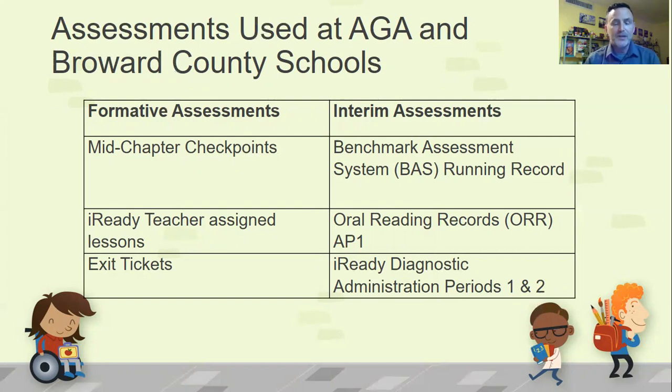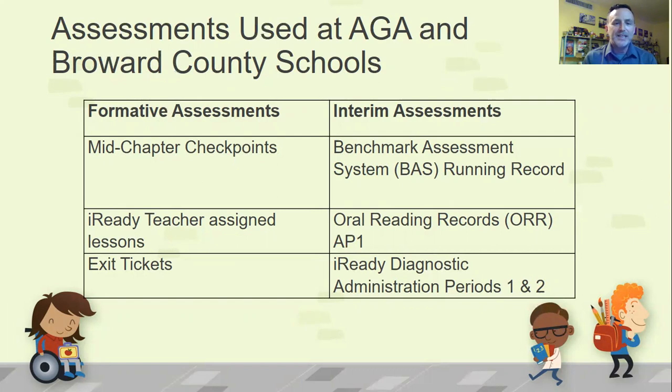So those have similar functionality, but different modalities of implementing, and either for a daily lesson or at the end, at the middle of a unit, to really see and understand where students are and what needs to be done to get them ready for a larger assessment.